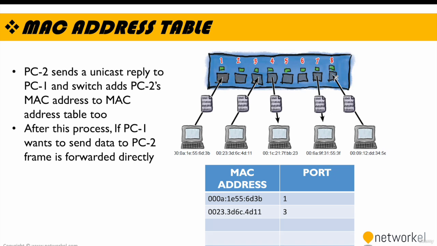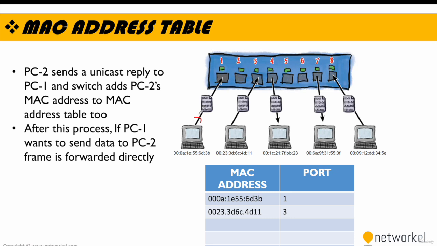Secondly, after this process, if PC1 wants to send data, there's one more step. PC2 will then send a unicast reply to PC1. Maybe I made it complicated, so I will try to explain it once again.